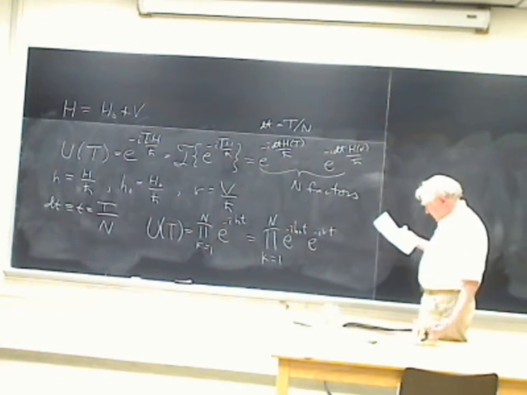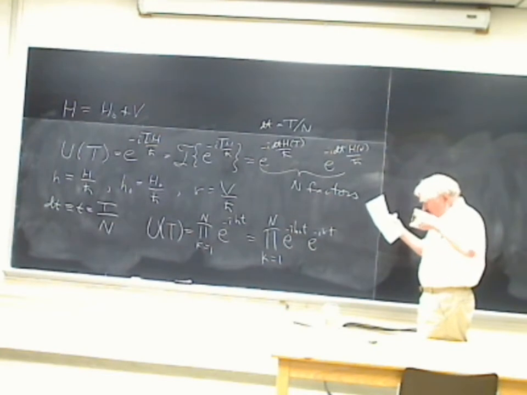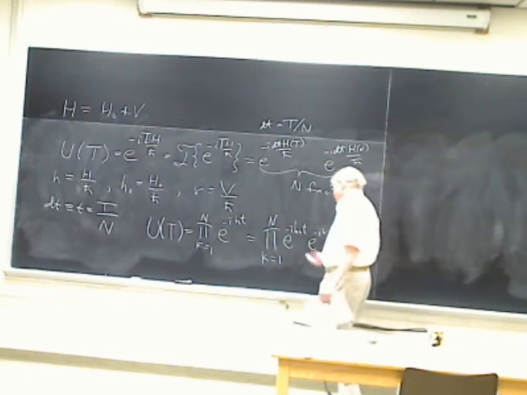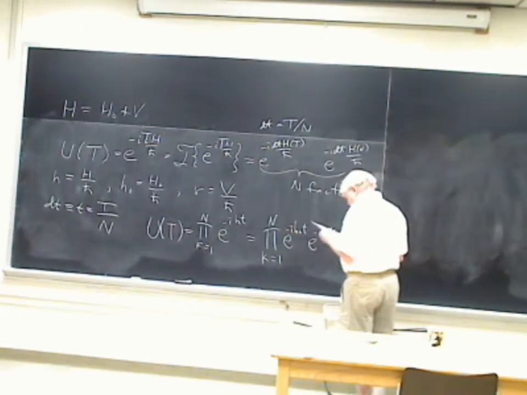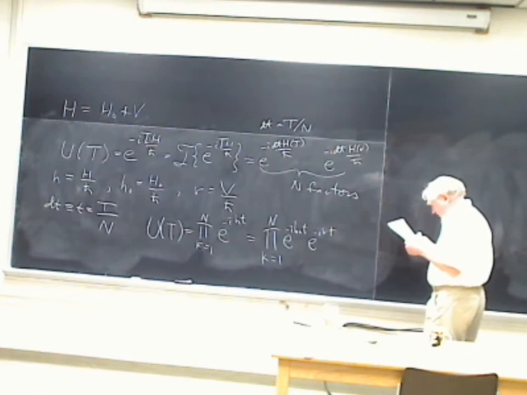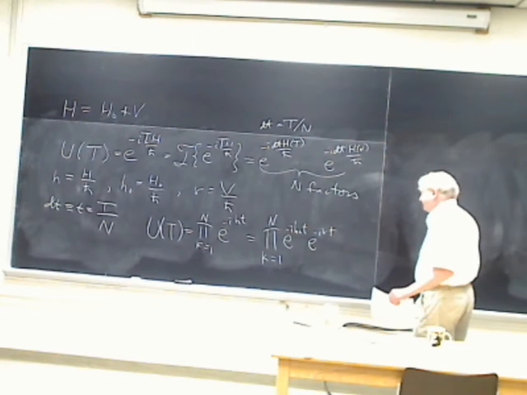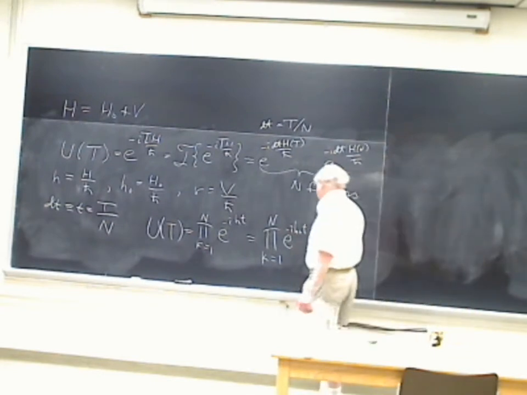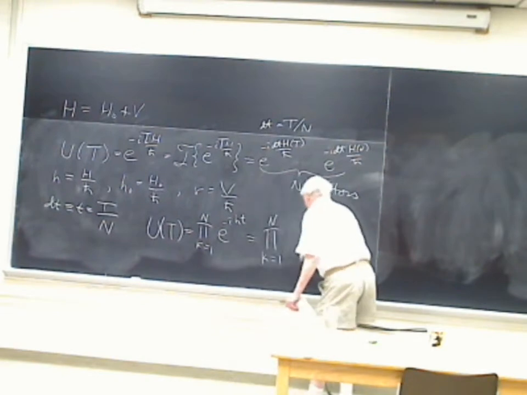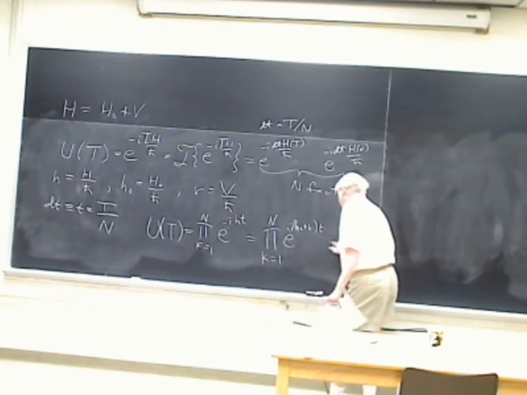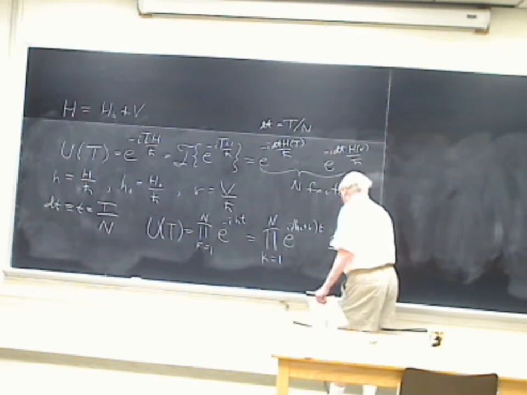These notes are online already. Now, what you can do is rewrite all these things. I've actually made a slight change here, because literally this is e to the minus i (H0 plus V) t, in the limit as n goes to infinity.